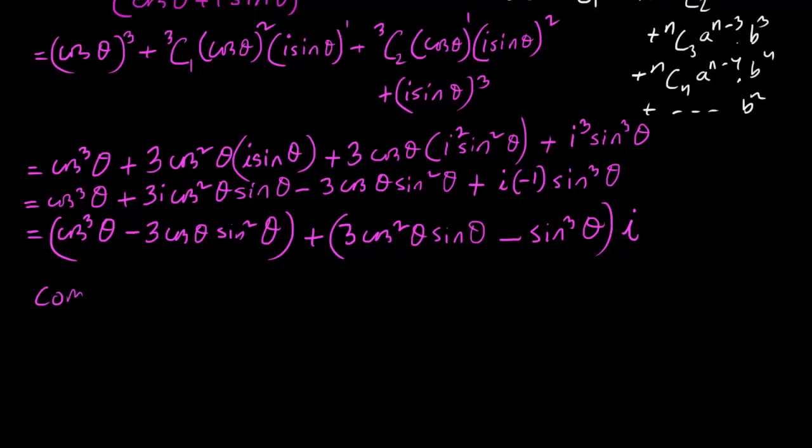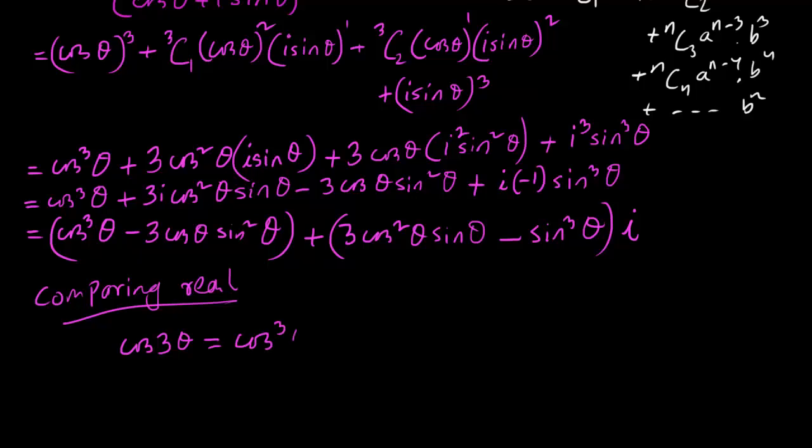So comparing real parts, cos 3 theta is equal to cos cubed theta minus 3 cos theta sine squared theta. Now we have to express the whole thing in terms of only cos, so we write sine squared theta as 1 minus cos squared theta.